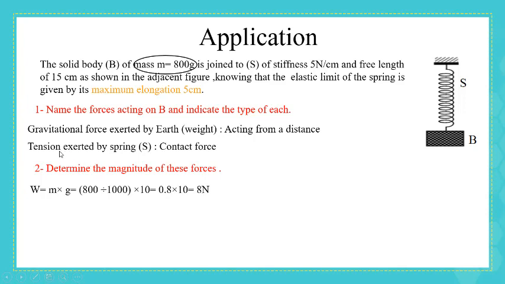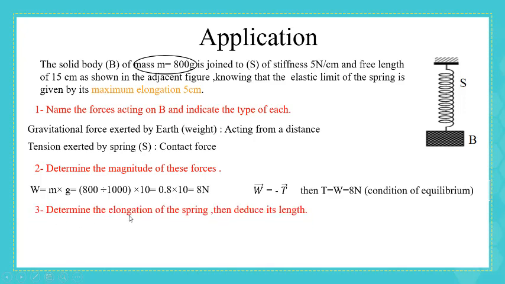How can I find the tension? It's from the condition of equilibrium, where in a vector relationship W equals minus T. Then T is equal to the weight, 8 Newton, by applying the condition of equilibrium.